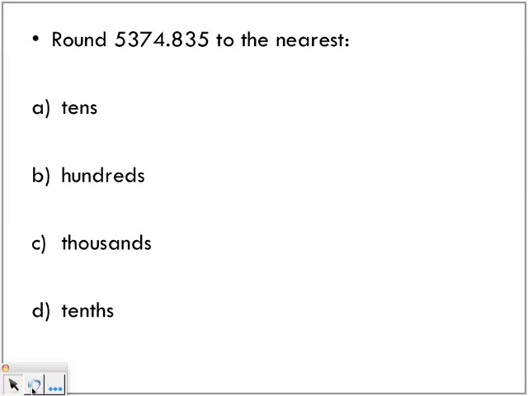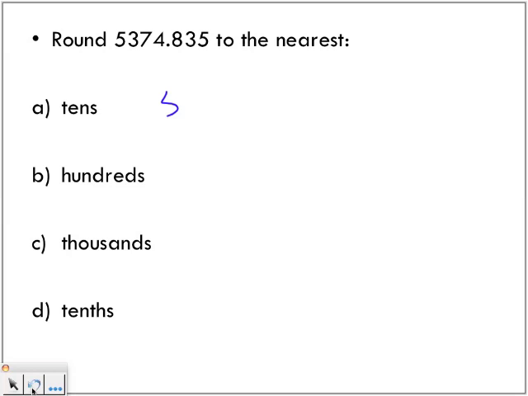Okay, so round the following: 5374.835 to the nearest tens, to the nearest hundreds, to the nearest thousands, to the nearest tenths. So my advice to you is to rewrite this number all 4 of those times.